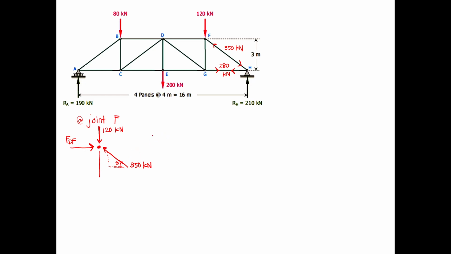So getting the horizontal component, that will be 300. So HF horizontal. So that will be 350. We'll do it step by step so you can see.